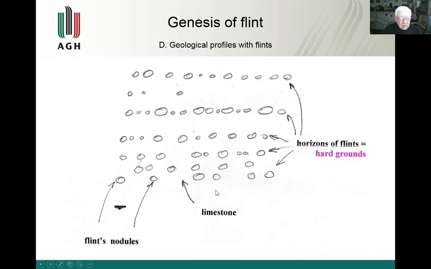And next, in geological profiles, where we walk to outcrops of limestones of various ages, one can see horizons of the presence of flints. These are horizons of the presence of spongia on the bottom of an old basin many years ago.